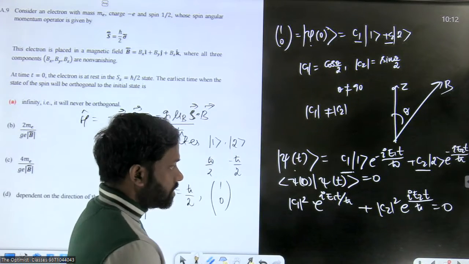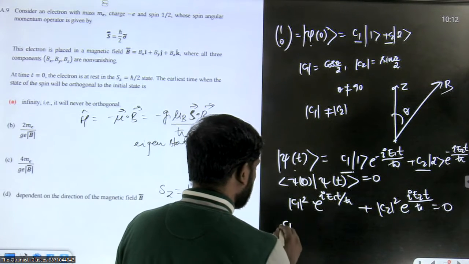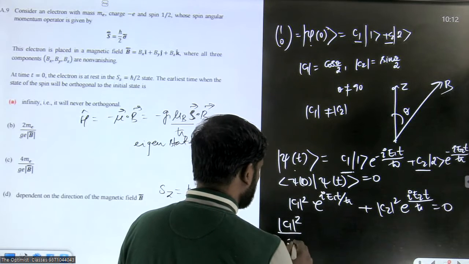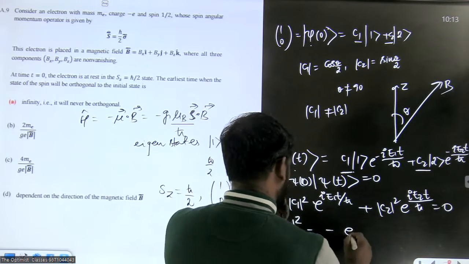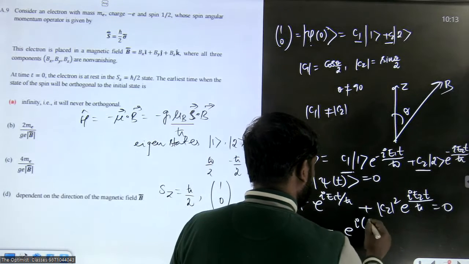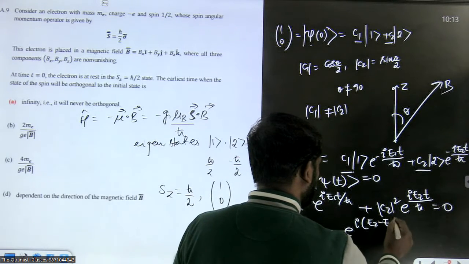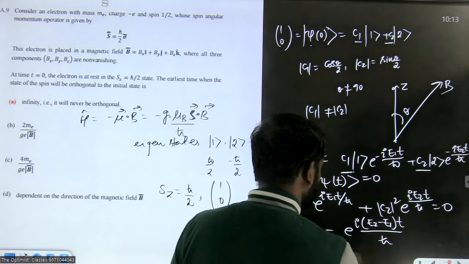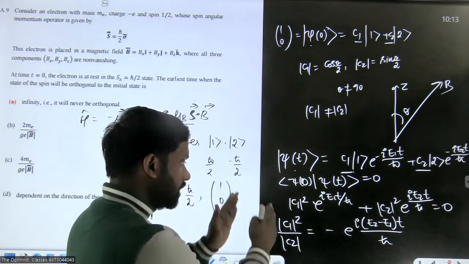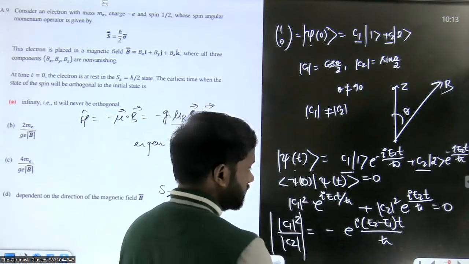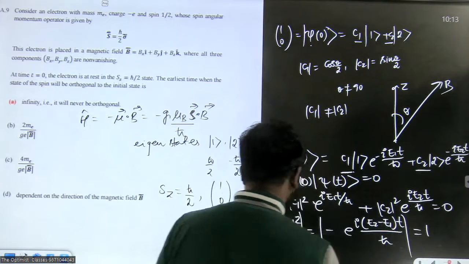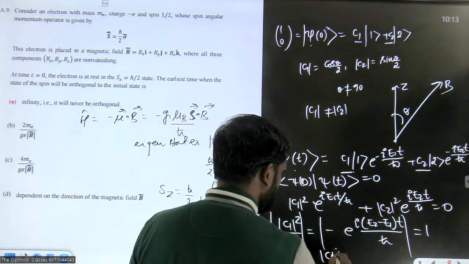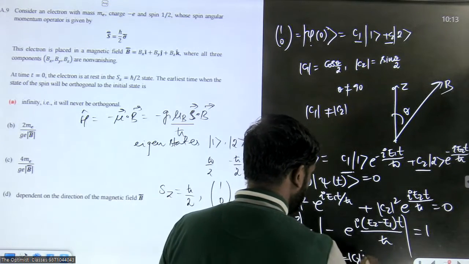Now we are writing |C1|^2 by |C2|^2 is equal to minus e to the power iota (E2 minus E1) t divided by h bar. Now let's take its modulus. You know that the modulus of an exponential is 1. So here we will get |C1|^2 equal to |C2|^2.